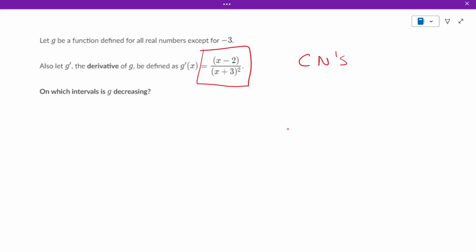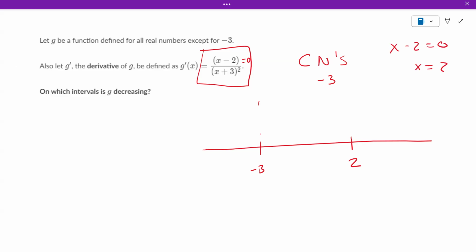What's happening here is at negative 3 is an asymptote, and at a positive 2 is a root, because x minus 2 equals 0, so x equals 2. So those are the 2 places we check around. What's in between negative 3 and 2? What's even easier? 0. If we stick a 0 in here, I get a negative 2 on the top, I get a 9 on the bottom. Negative 2 ninths is a negative.